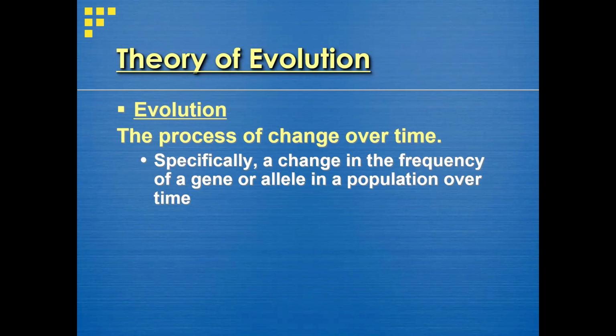So it means that usually this change that happens to living organisms over time is due to the frequency of a gene. What is a gene from the normal biology concept? When we say gene, it's a segment of DNA that produces a functional protein.